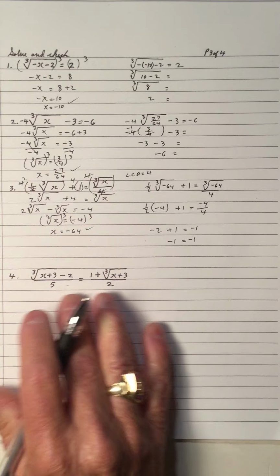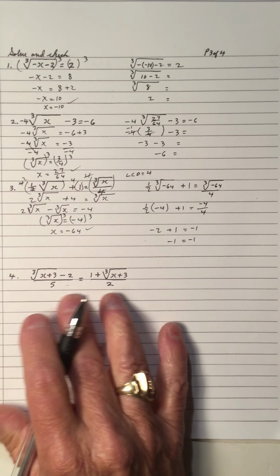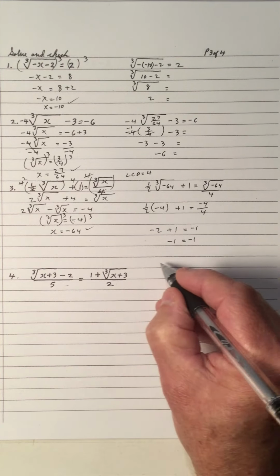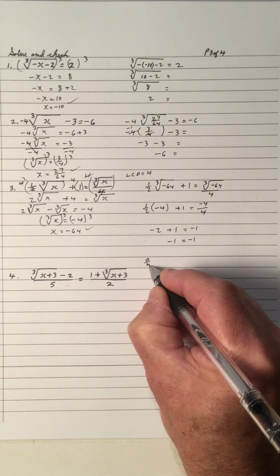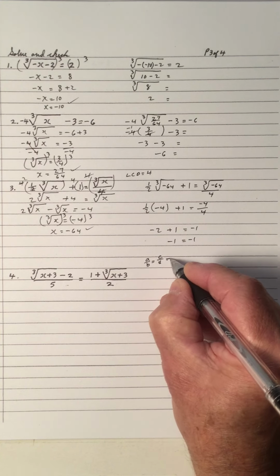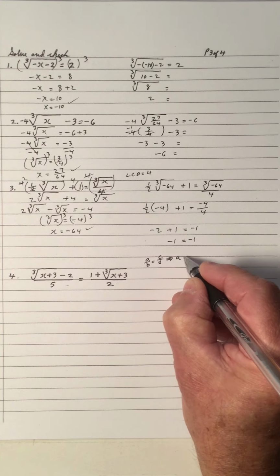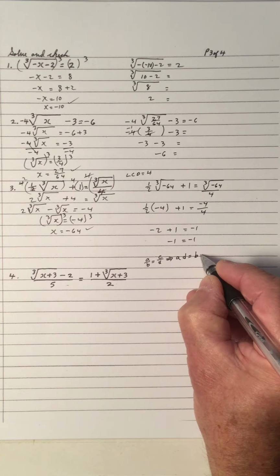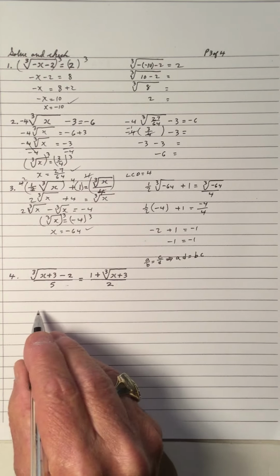And again, we have two fractions, but this time we can cross multiply because A over B equals C over D, and A times D equals B times C. So that's what we're doing here.